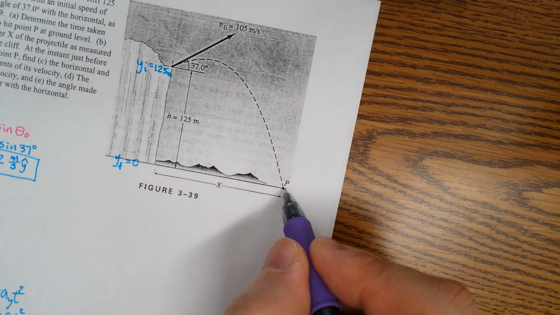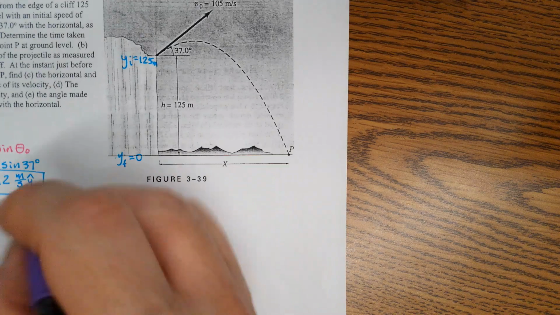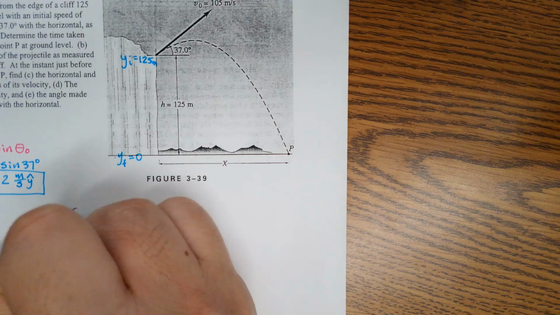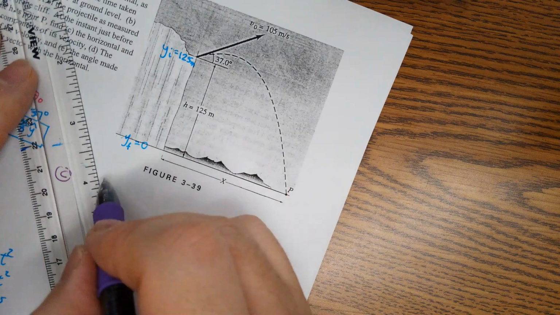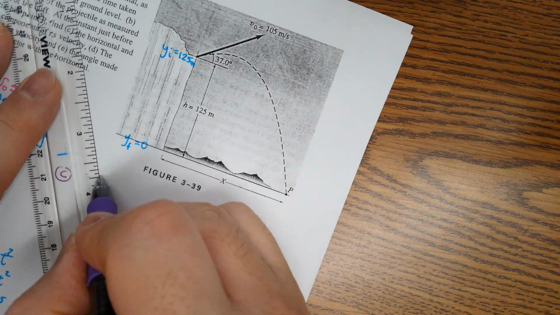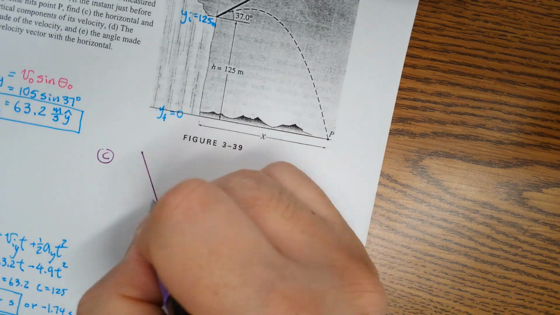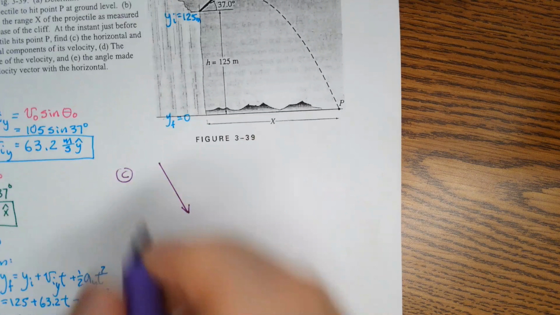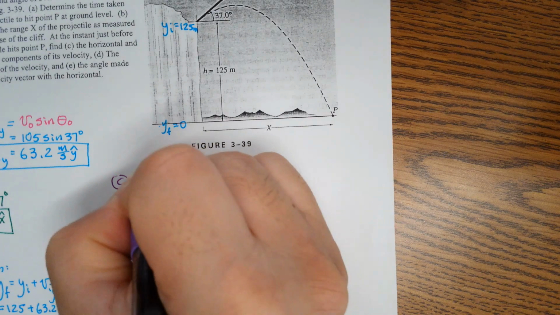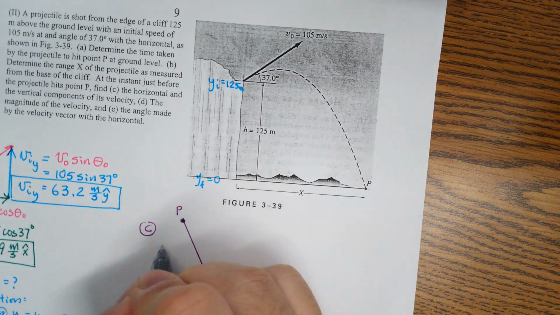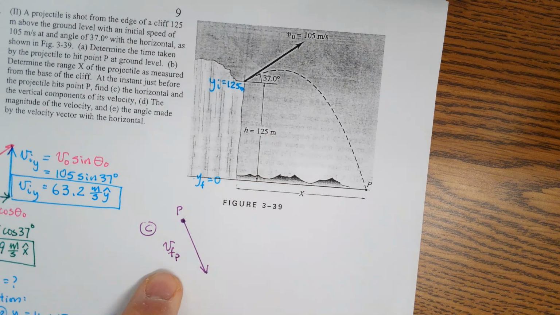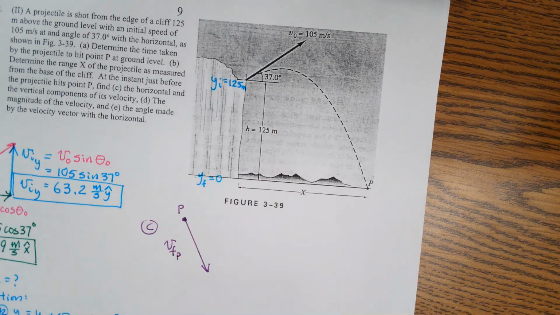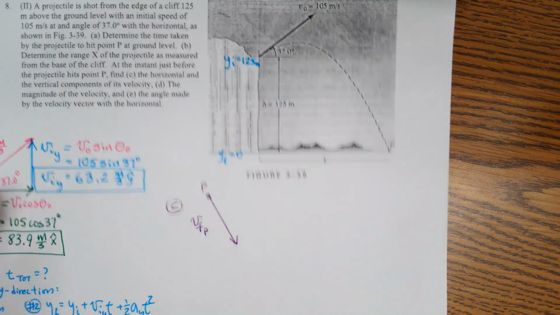Exactly right before it hits the ground at point P, for part C, it's going to have the final velocity. Right? So here, at point P, this is our V final at point P. So we know this will have its x component.